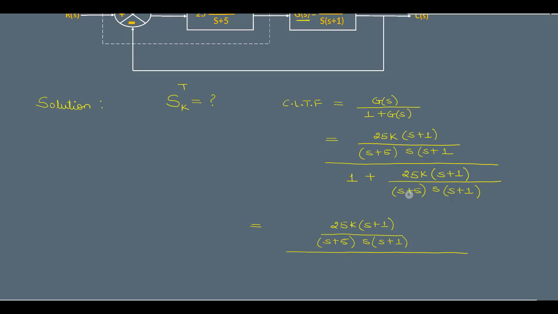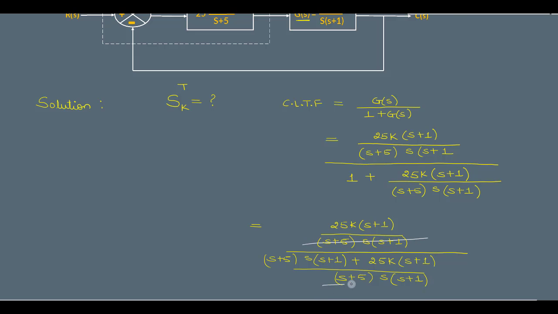Upon, I can write this as S plus 5 into S plus 1 multiplied by 1. I will get S plus 5 into S plus 1 plus 25K into S plus 1 divided by S plus 5 into S upon S plus 1.